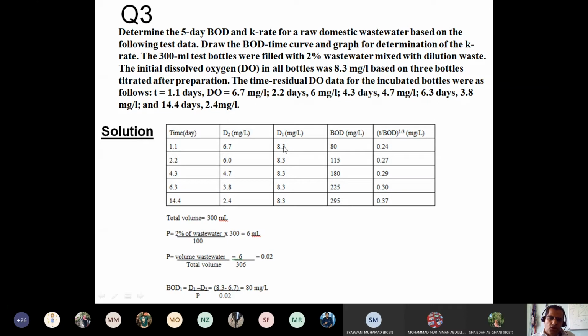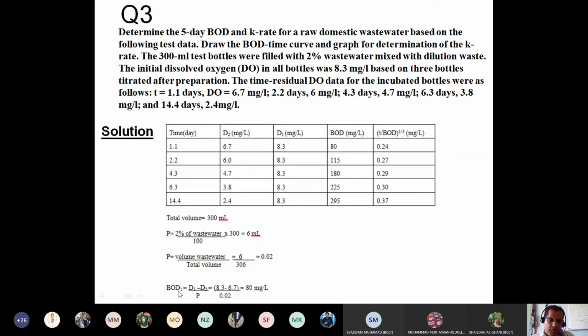So what is BOD? We calculate for the first one, and then you do the same for the rest. Total volume is 300. Here P will be 6 milliliters because we have 2% wastewater mixed. So P will be 6 divided by 300 plus 6, the total volume of 306, which is 0.02.